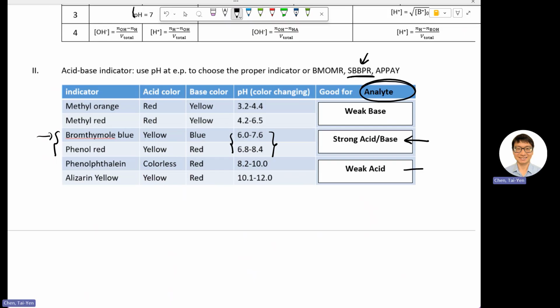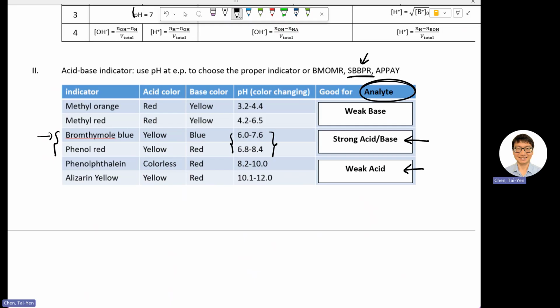And if what you have is a weak acid, when you reach your equivalence point, all this weak acid will be consumed and converted into its conjugate base, right?